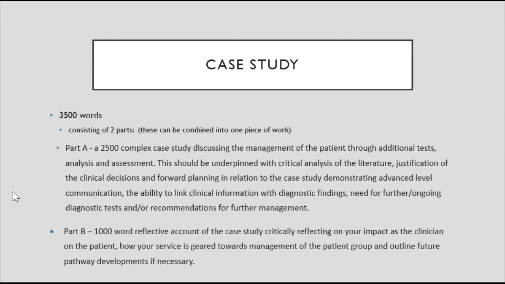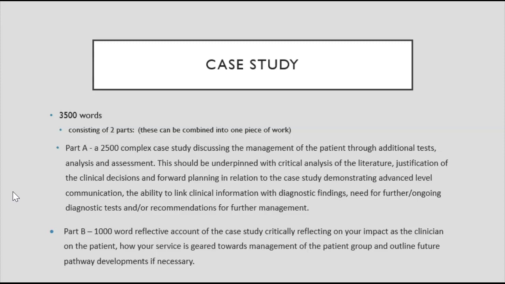So it would be really useful for you to be able to use a reflective tool, and again this is very personal and subjective to yourself and your clinical environment, so it's always worth discussing what clinical tool for reflection you might use, and then thinking about how your service is geared towards management of the patient group and outline future pathway developments within your assessment if necessary.